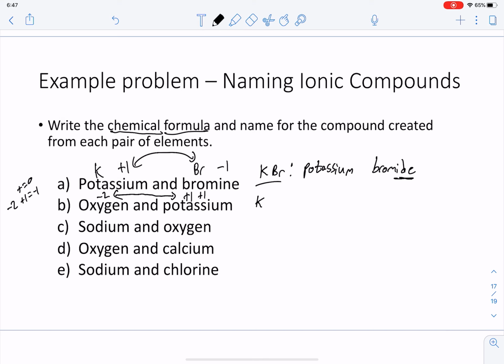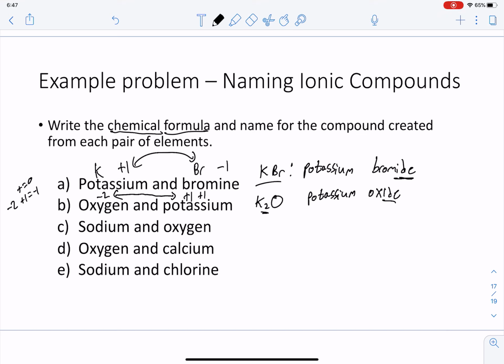So in my formula, I'm going to write K2 bromine, because these 2 potassiums are going to cancel out. Oh, wait, you know what I did wrong? I wrote the bromine instead of oxygen. Sorry about that. So it's K2O. Those 2 potassiums are going to cancel out with the oxygen. So our name is just potassium oxide.